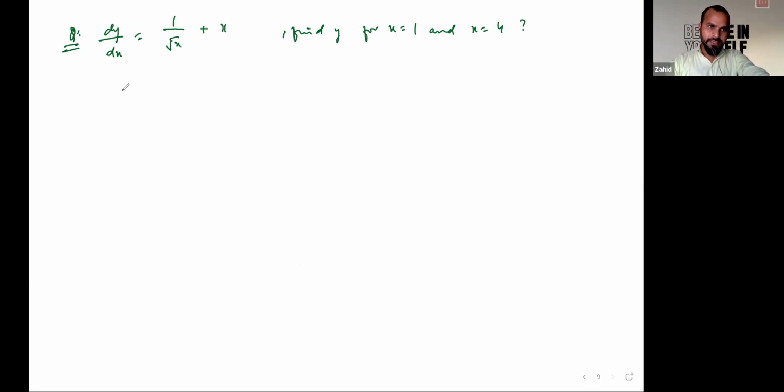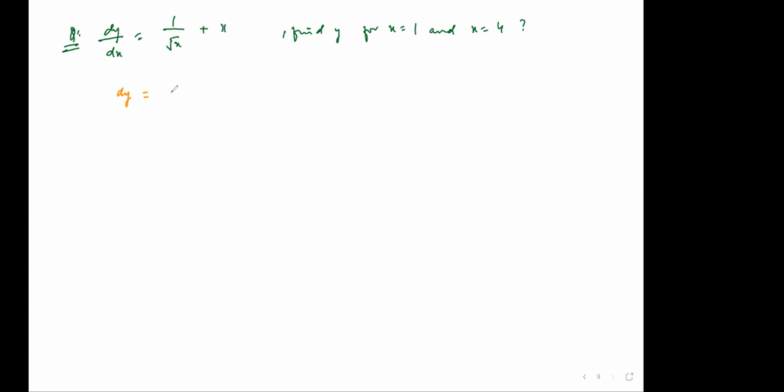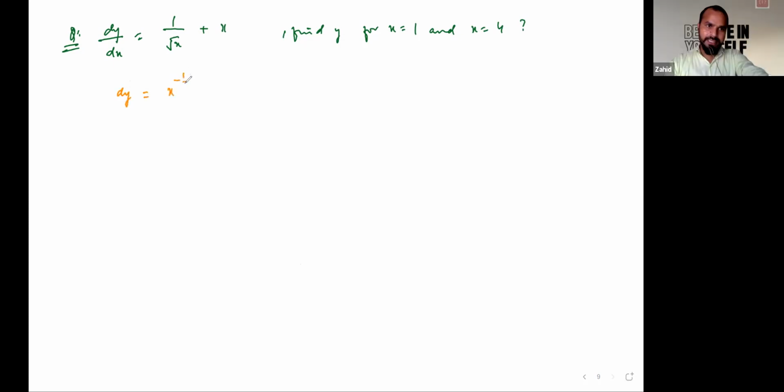Just see. dy is equal to x raised to the power minus half times dx plus x raised to the power 1 times dx. Integration on both sides, with limit from 1 to 4. So on integration of dy, it would be y.